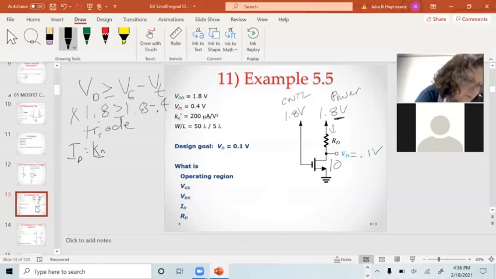Kn over 2. There's various versions of this, and they're all correct. Some of them have the 2 on the inside, and some of them have a 1/2 on the inside. And you'll see different versions of it in the Sedra Smith book. VDS minus VDS squared.